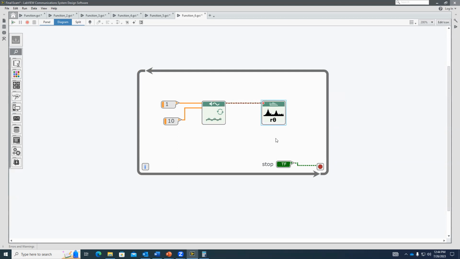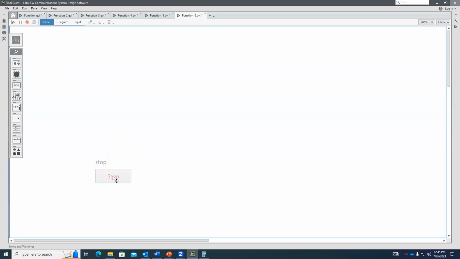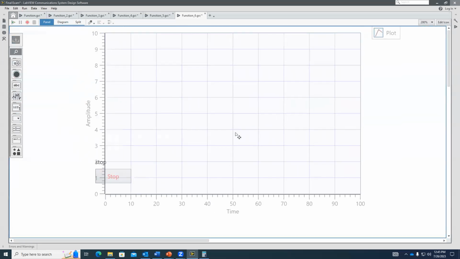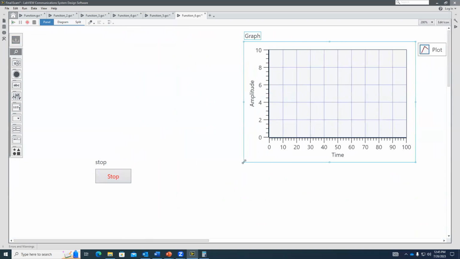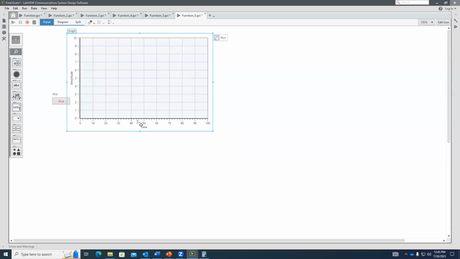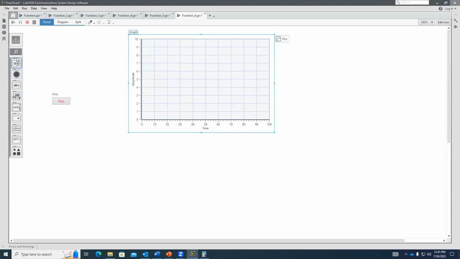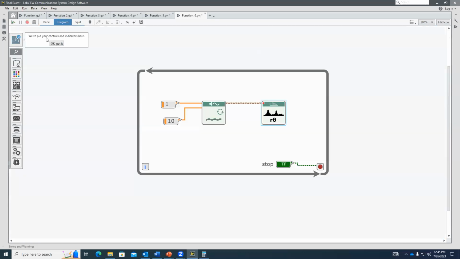Now I want to see this, how will I see it? I will go to the panel view. I will bring one graph, actually two graphs, because I need another graph: I have the FFT and I have the time domain graph.